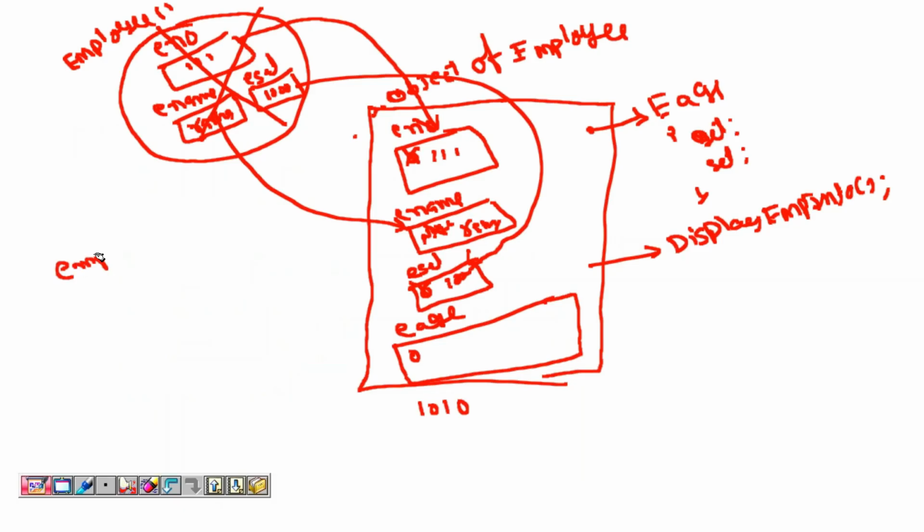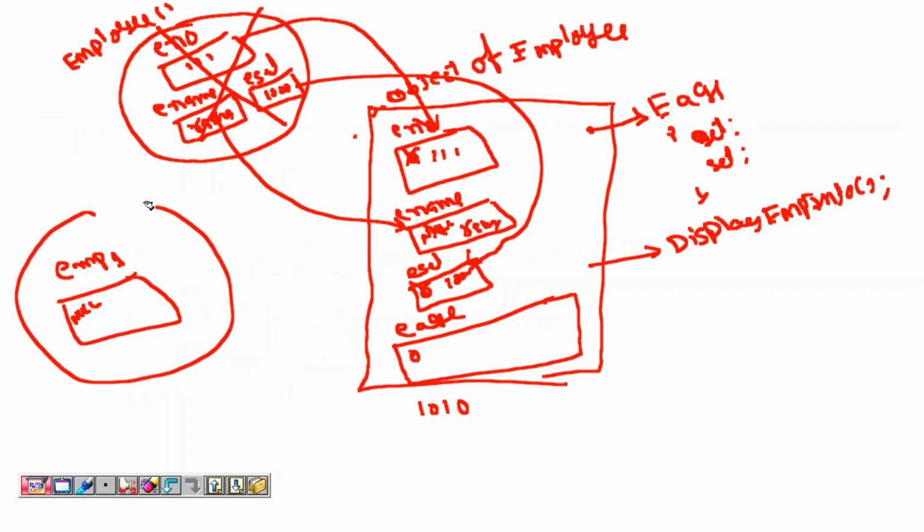That variable name is emp1, and its default value is null. It is created as a local variable of the main method, and because of the assignment it is pointing to the object.